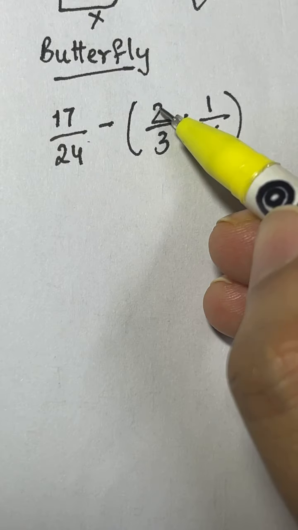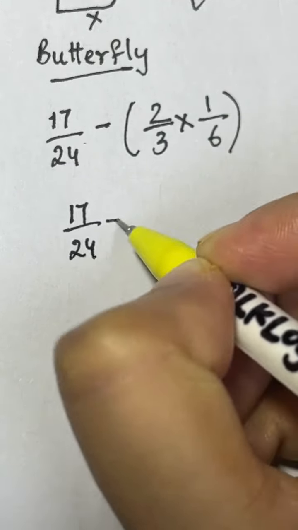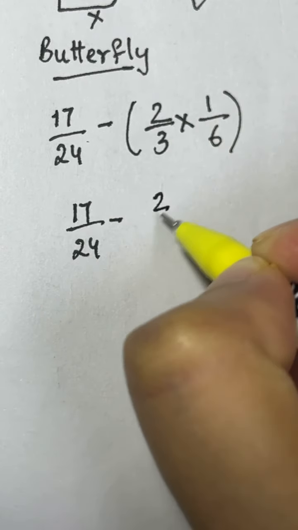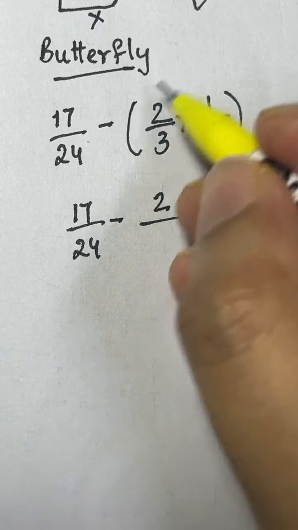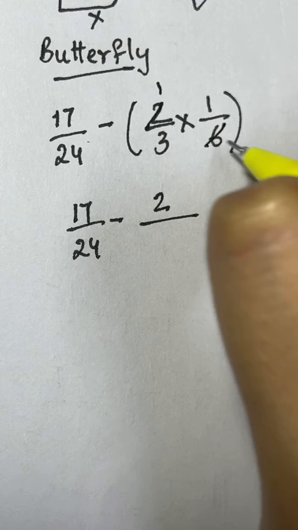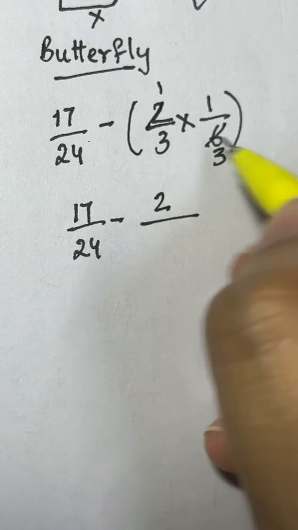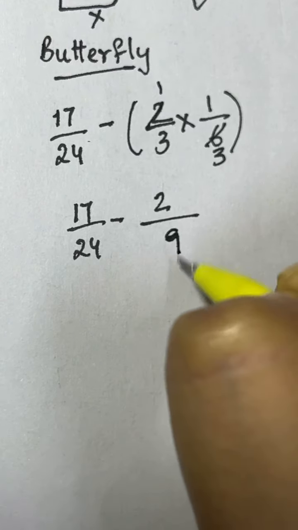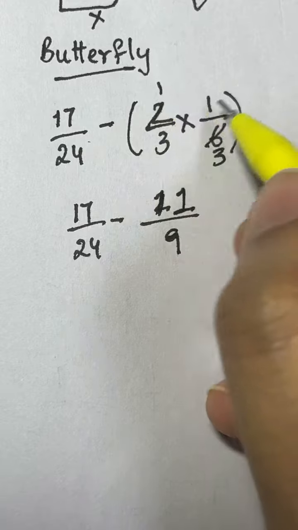Just multiply the numerators. 2 times 1 is 2. 3 times 6 is 18. But here we can simplify inside. 2 times 1 is 2, 2 times 3 is 6. So you are left with 1 over 3 times 3, which is 9. So you have the denominator of 9, and instead of 2, you'll have 1. 1 times 1 is 1.